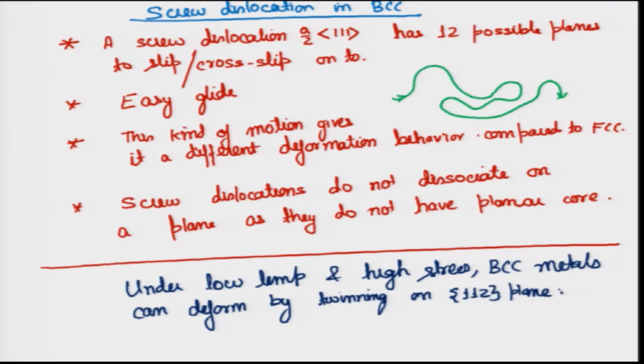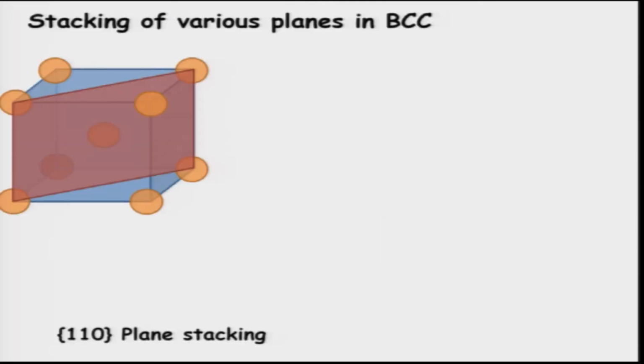Okay, so that is our basic understanding about the dislocations in BCC. Now let us look at what we mean by stacking fault, why stacking faults do not occur on 110, and how they occur on the 112 plane, which we will see also leads to twinning. So, stacking on 110 and 112 planes.